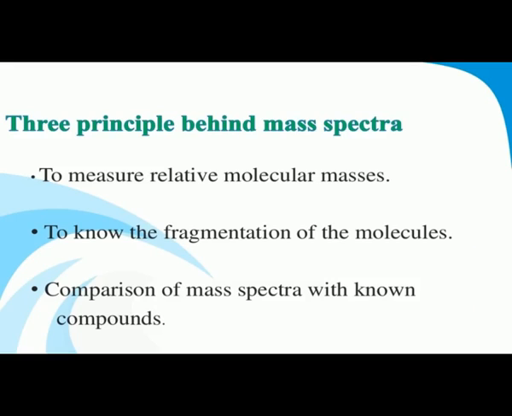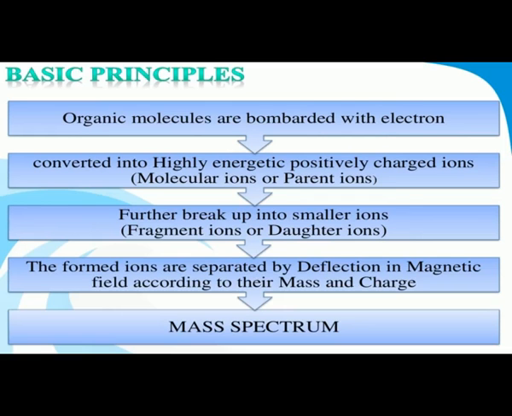The three principles behind mass spectra are to measure the relative molecular masses, to know the fragmentation of the molecules, and comparison of the mass spectra with known compounds. What we first saw in diagrammatic form is the same as explained here. What does it deal with?